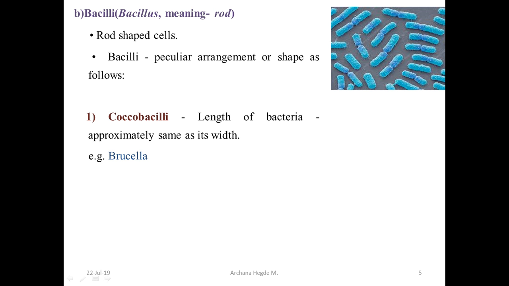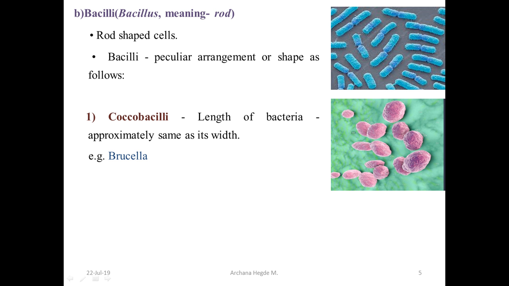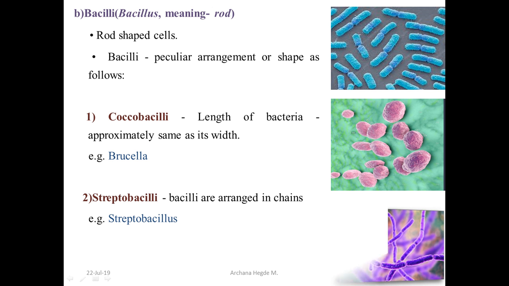In these, two types are there. One is Coccobacilli. The length of the bacteria is approximately the same as its width. It is not round, and it is not very long either. It is small in width, for example Brucella. The second one is Streptobacilli. Bacilli arranged in chains, for example Streptobacillus. You can see the image on the right side.